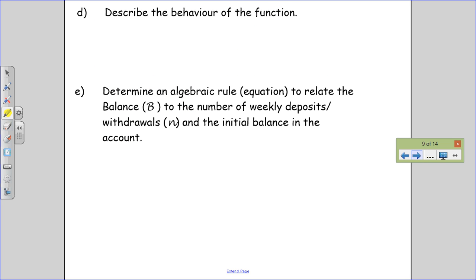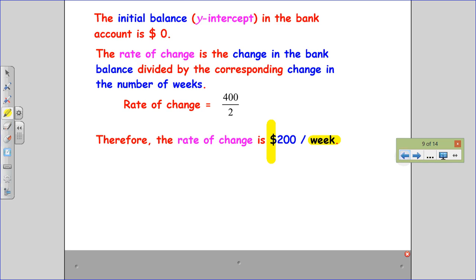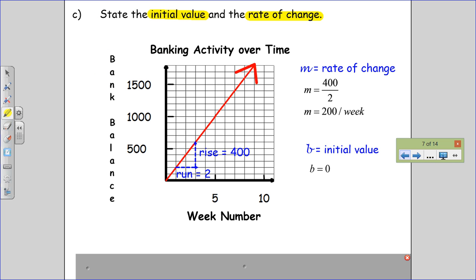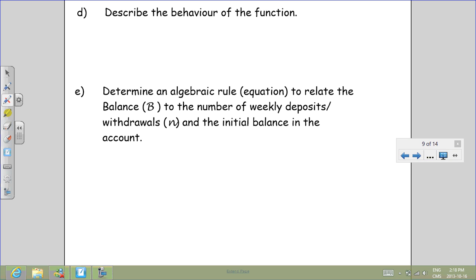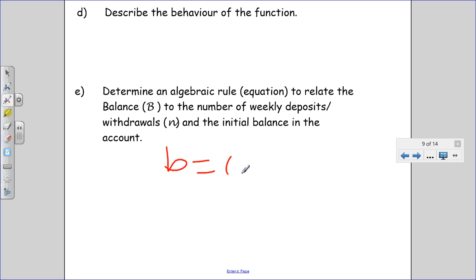The behavior of the function. What is the function doing? As the weeks increase by 1, the slope tells me that the total amount in the bank account increases by $200. And we know the initial value is 0, and we know the slope is 200.